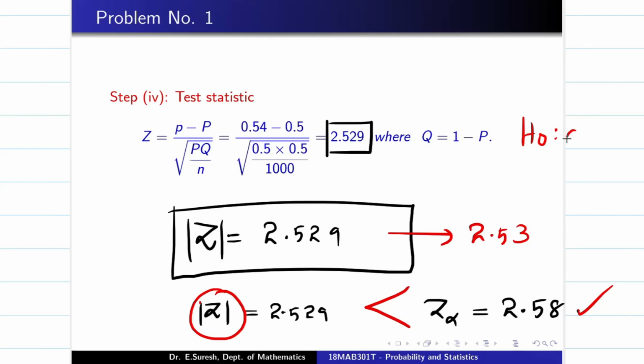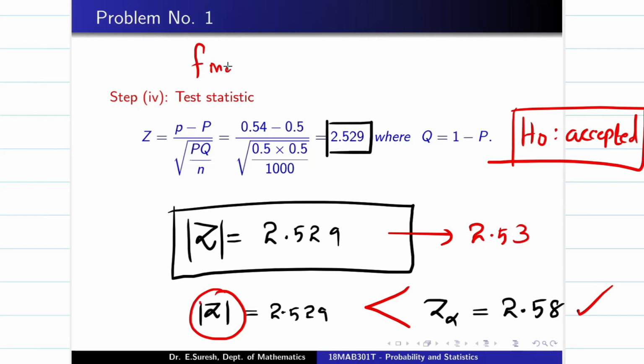So H naught is accepted. Guys, don't simply write H naught accepted. Sometimes people give 1 mark for the final conclusion. So what's your final conclusion?